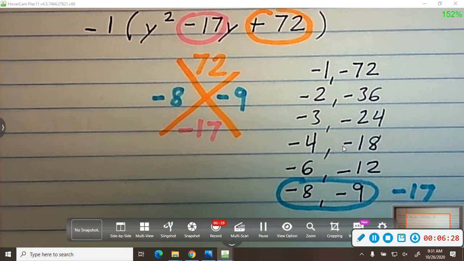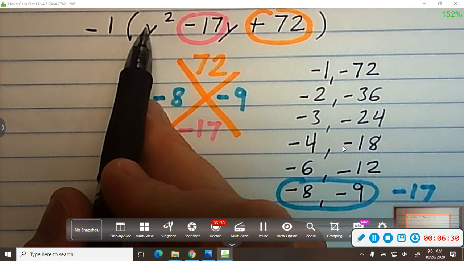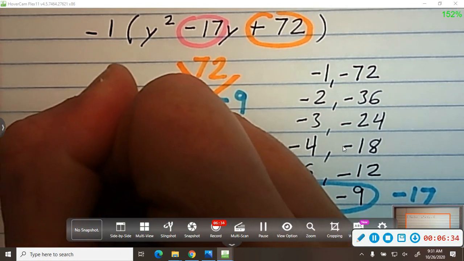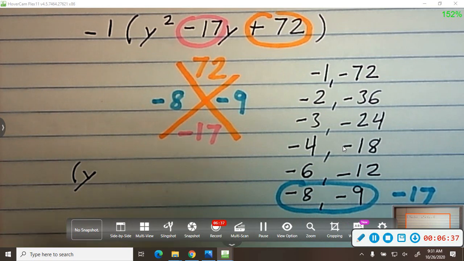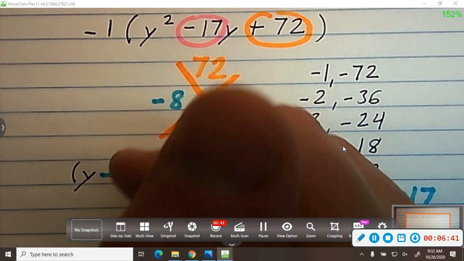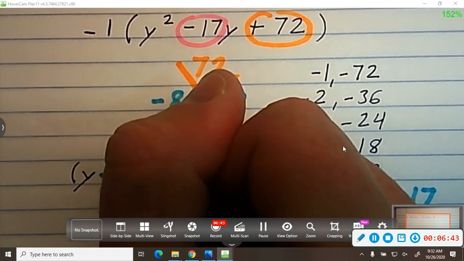In this problem, we're now dealing with y as our variable. So I'll put y minus 8. I'll put y minus 9.